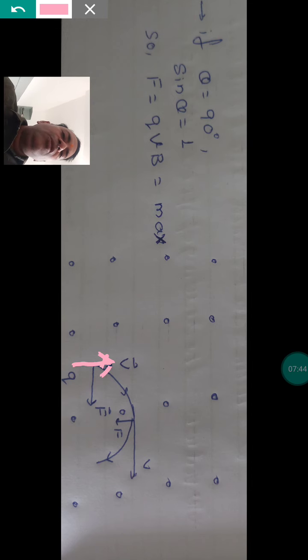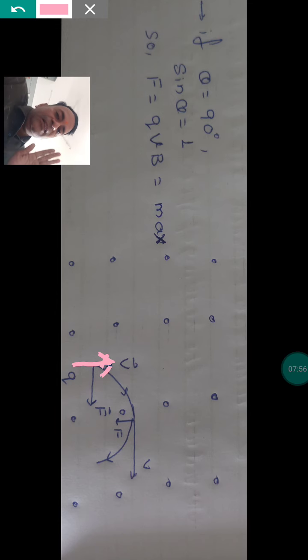Now how to find the direction of force? You can find out the direction of force by the rule for the product of vectors. First, keep the right hand in the direction of velocity, and then close your fingers towards the direction of the magnetic field.